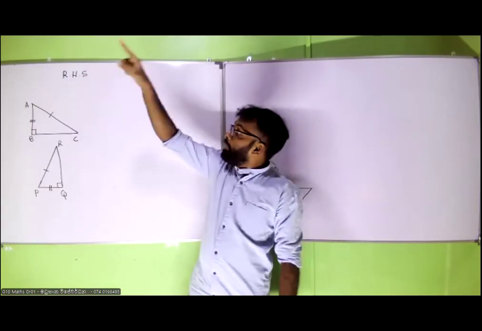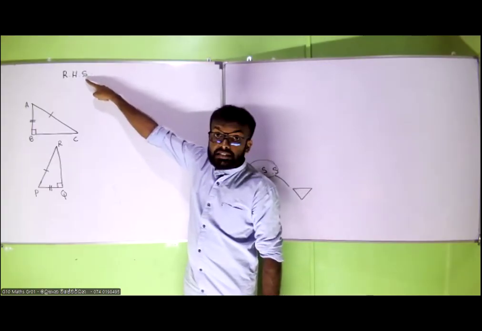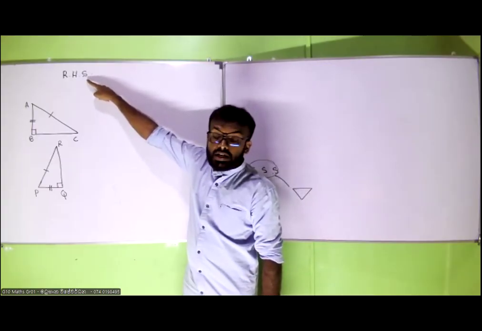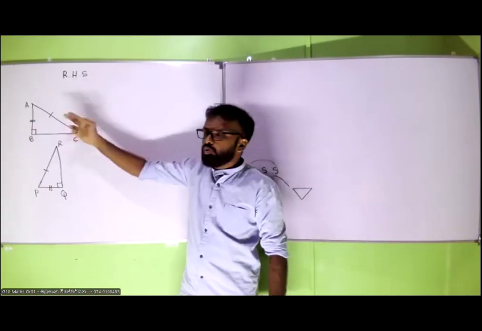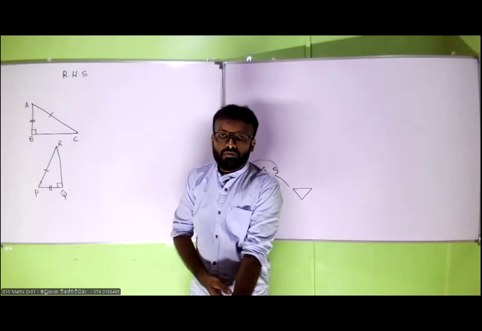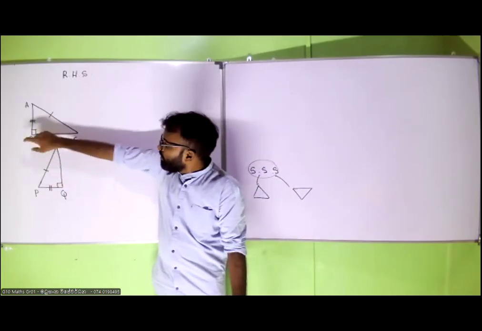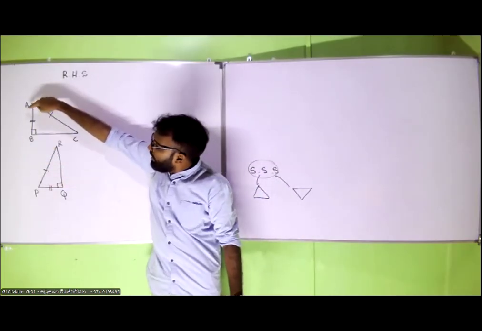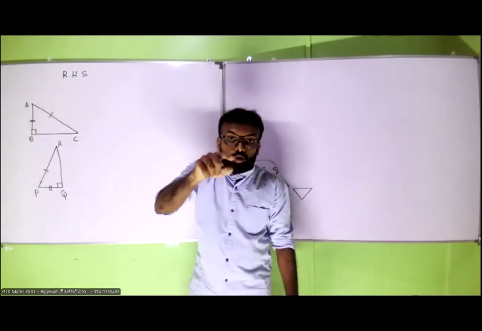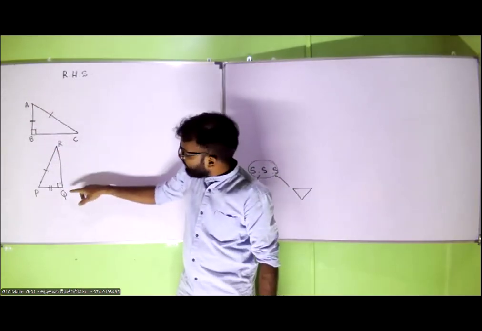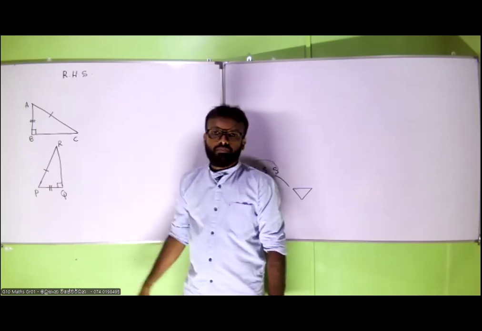Then you are going to pick S, side. Do we have equal sides between the two triangles? Yes. From this triangle, AB is equal to the other triangle's PQ.